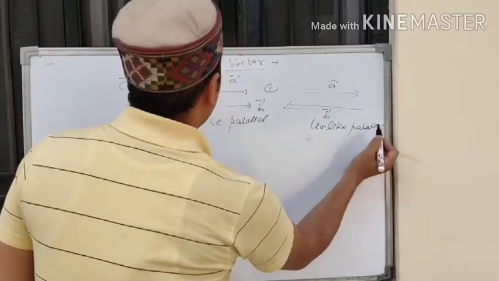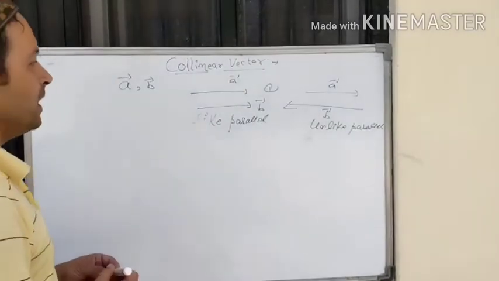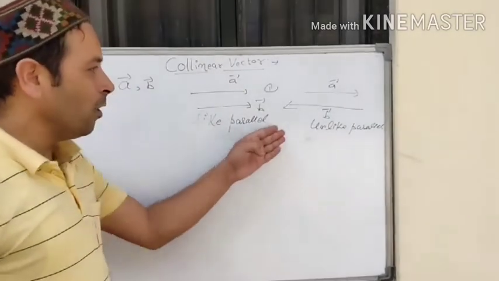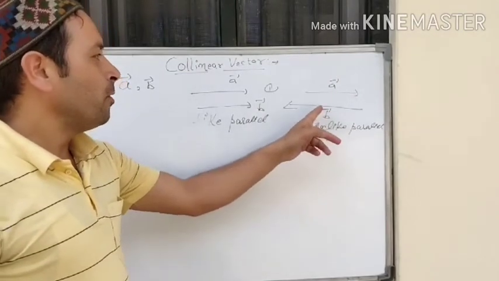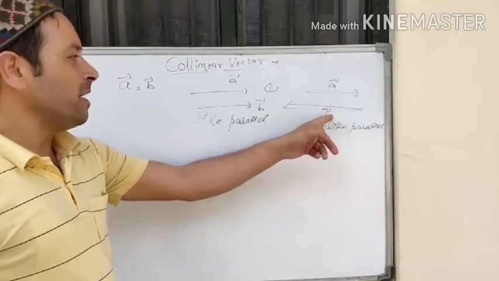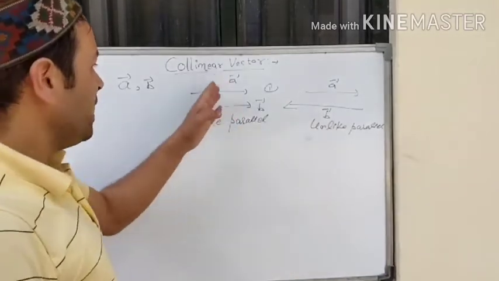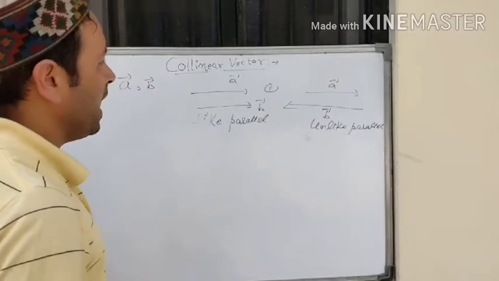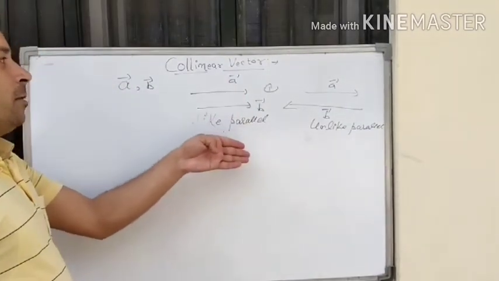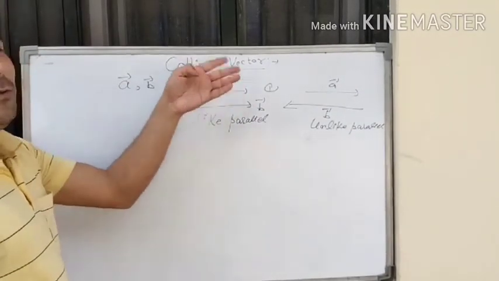So two vectors are said to be collinear if they are like parallel or unlike parallel. In unlike parallel, these two vectors have opposite directions, and in like parallel both have the same direction. Now let us find out the condition by which we can establish the collinearity of two vectors.